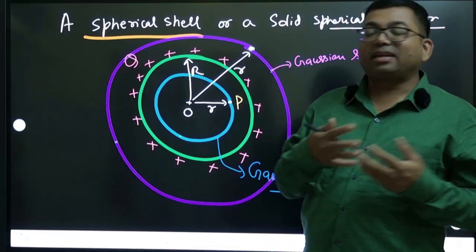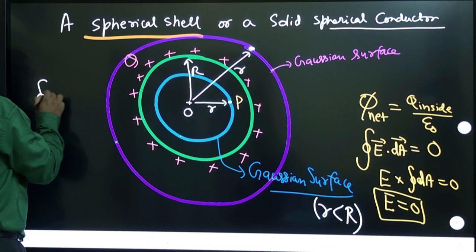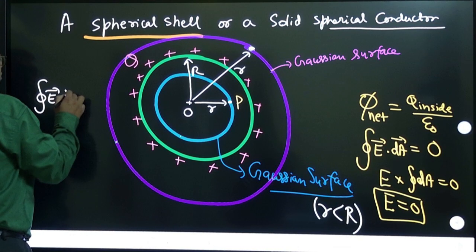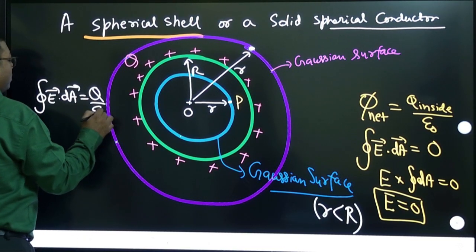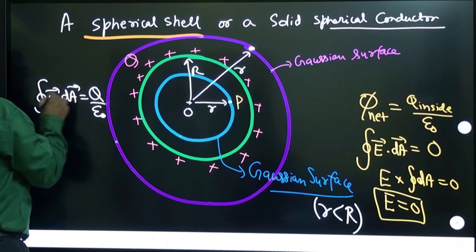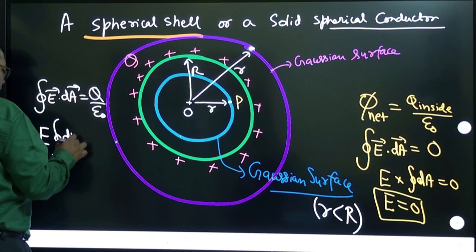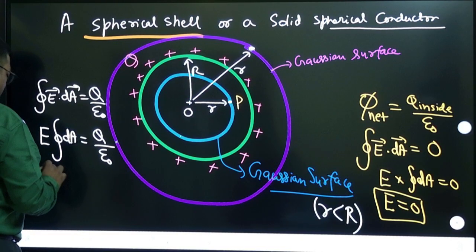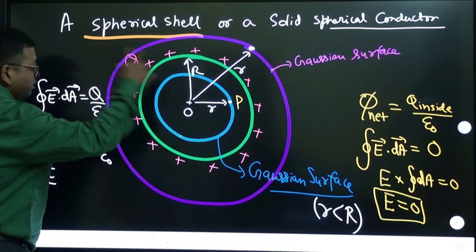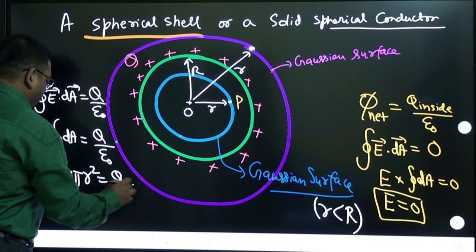When you are using Gauss law, the integration of E dot dA is total charge inside divided by epsilon naught. Now E is coming outside here, and you integrate dA, and this is q by epsilon naught. The integration of dA, the area of this sphere, will be 4 pi r square, equal to q by epsilon naught.